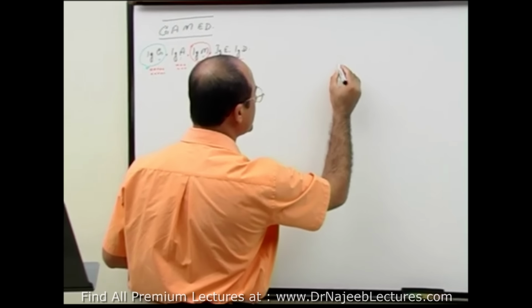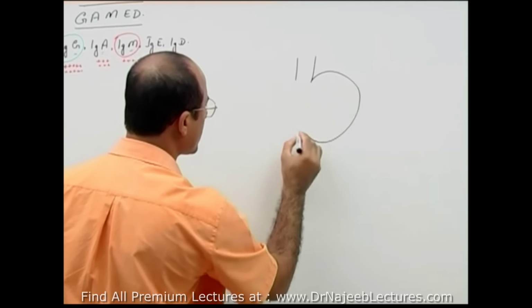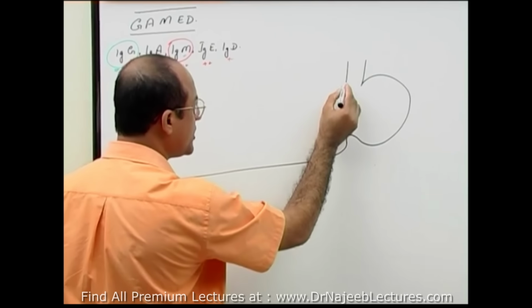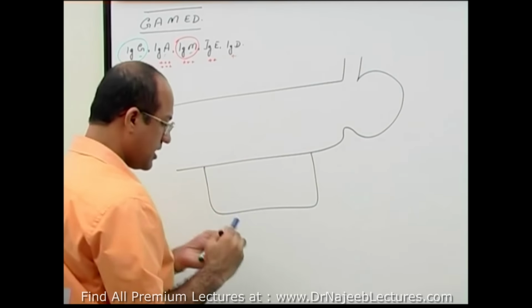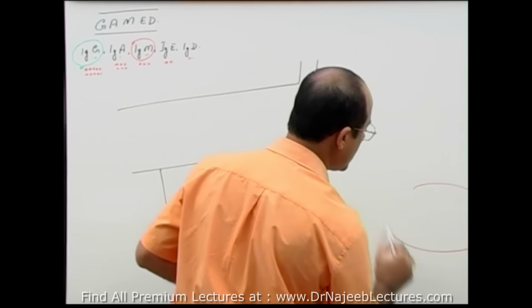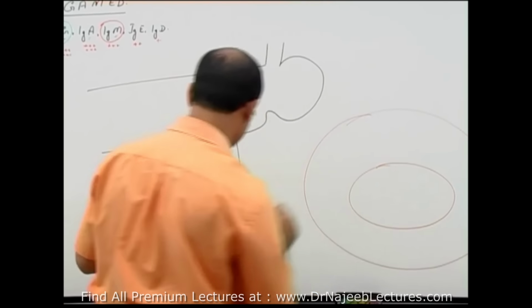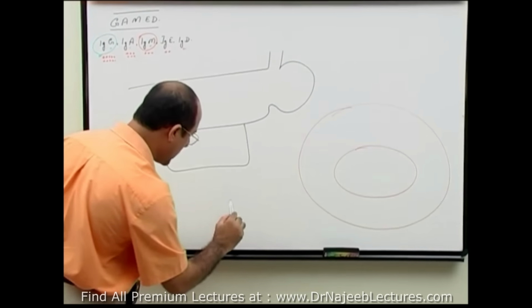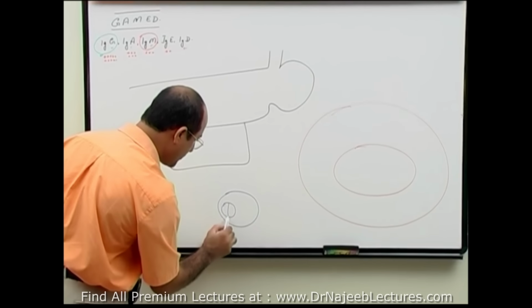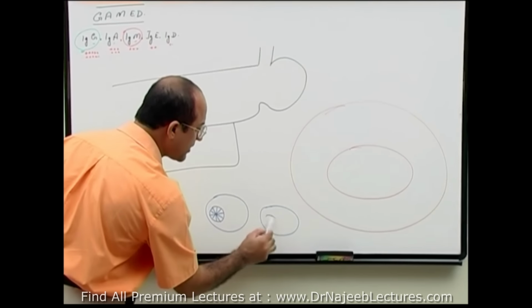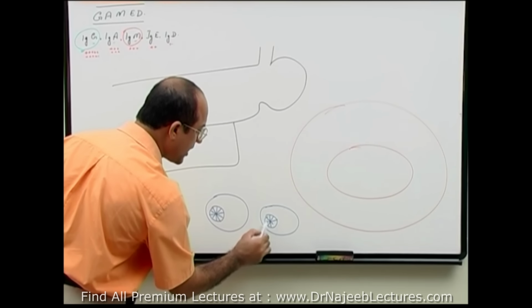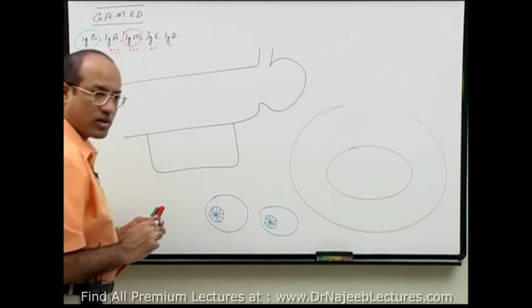Let's suppose that this is the GIT and this is a GIT mucosal cell, and here is your blood circulation, and let's suppose here you have a plasma cell. Is that right? These plasma cells are producing IgA, right?